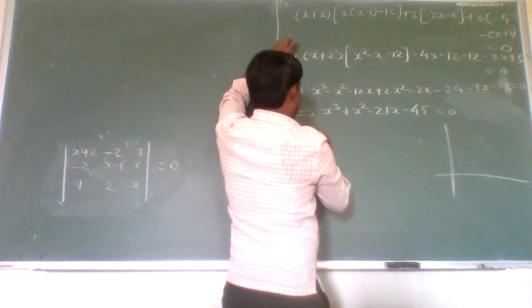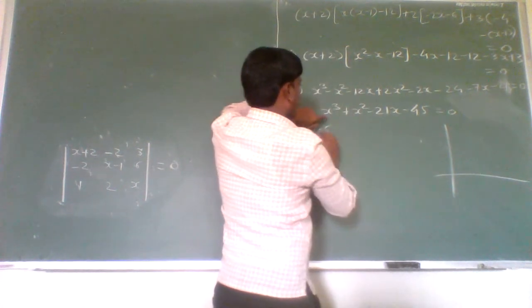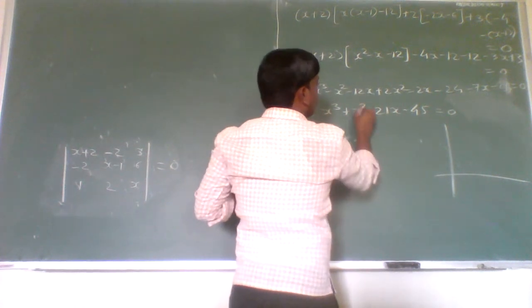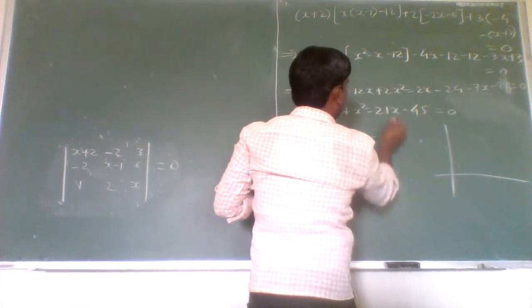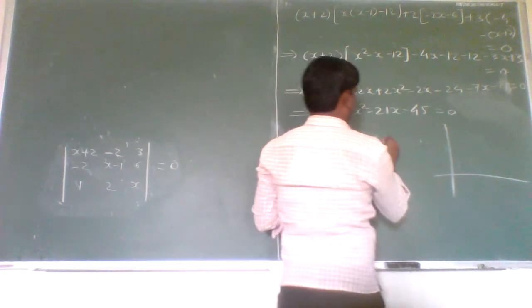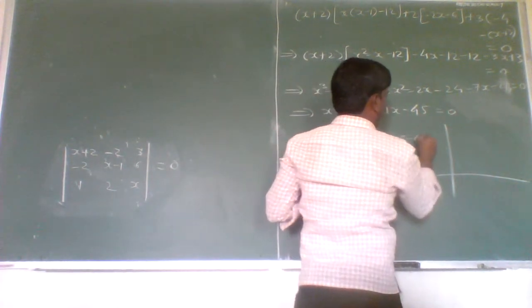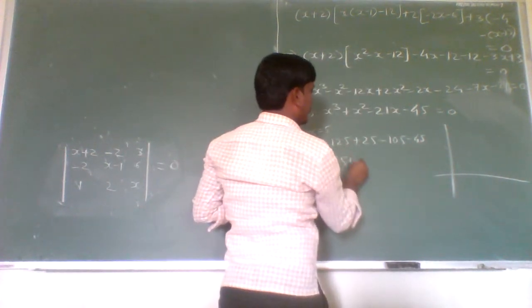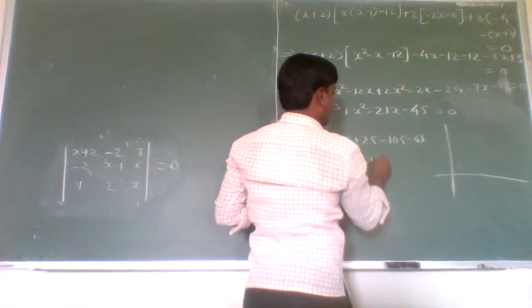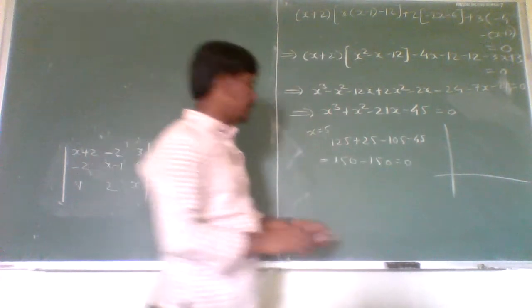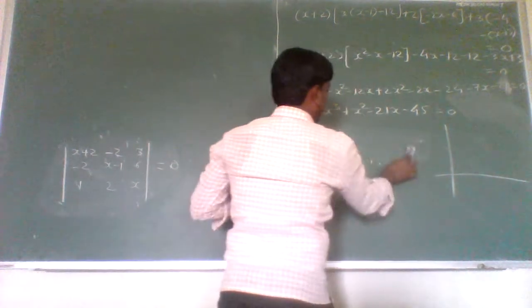Let us put x equal to 5. 5 cube is 125 plus 5 square is 25 minus 21 into 5, that is 105, minus 45. 125 plus 25 is 150, minus 105, minus 45, is equal to 0. Then 5 is a root of this characteristic polynomial.